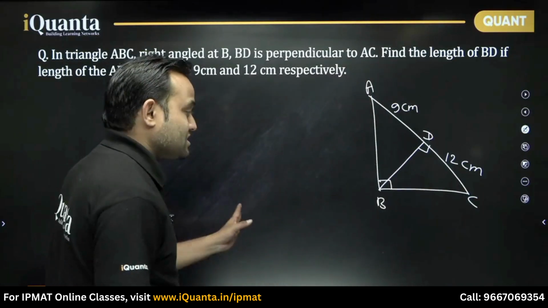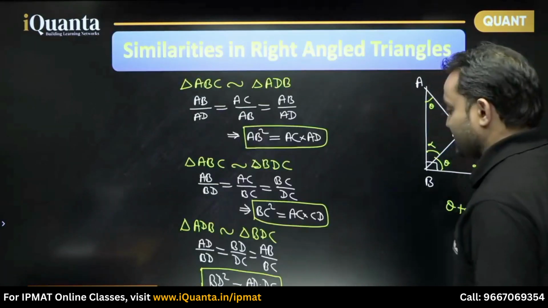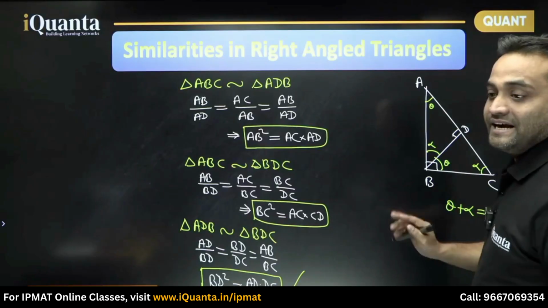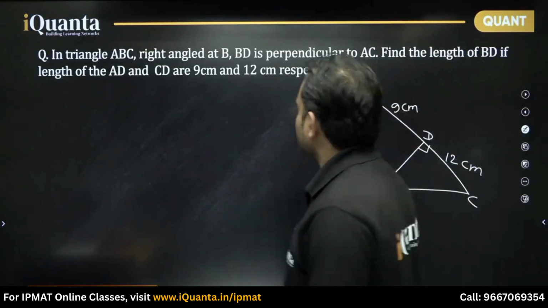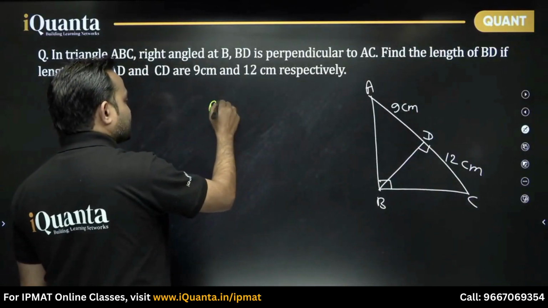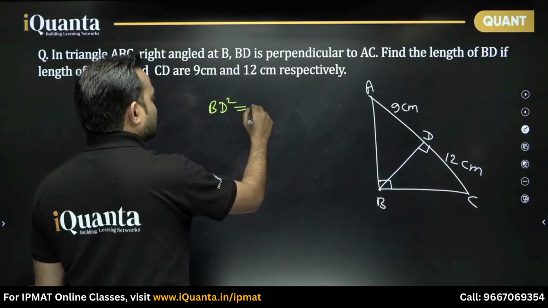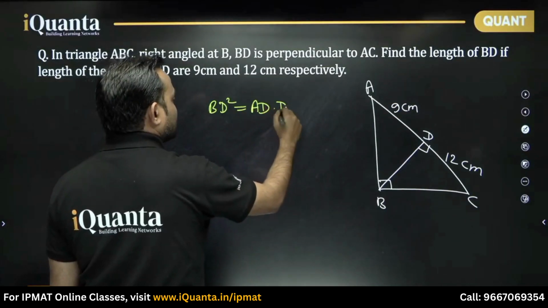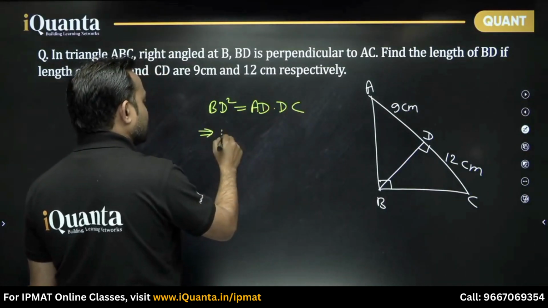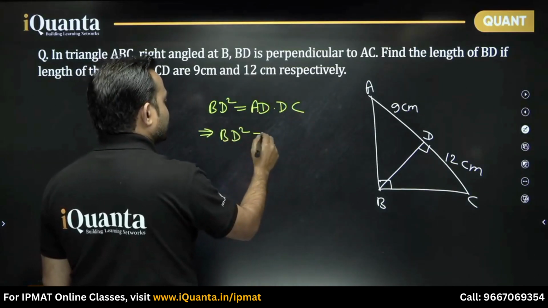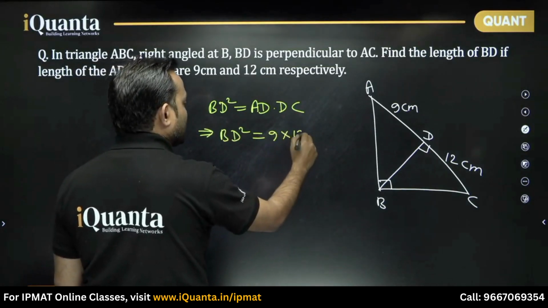We have just learned in the previous slide that BD square is AD into DC. So we can say that BD square is equal to AD into DC, or BD square is equal to 9 into 12.